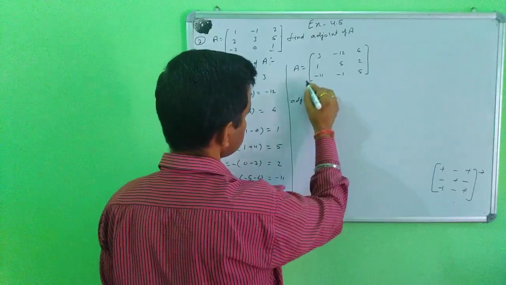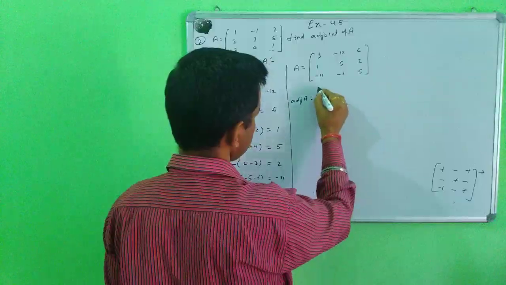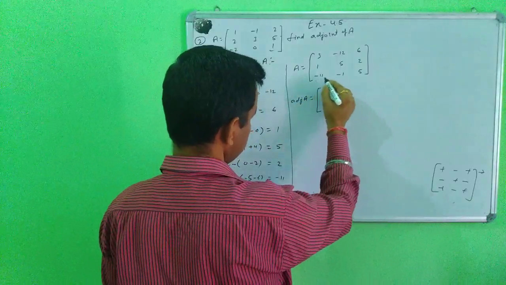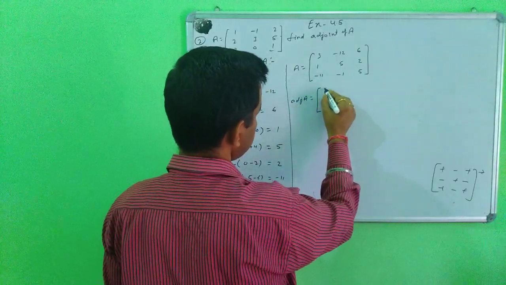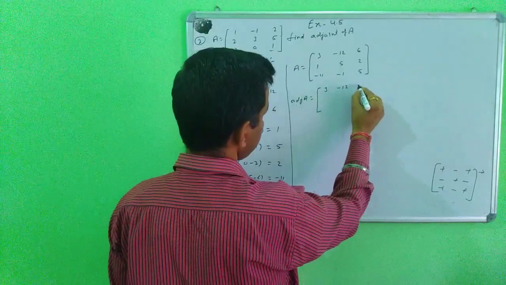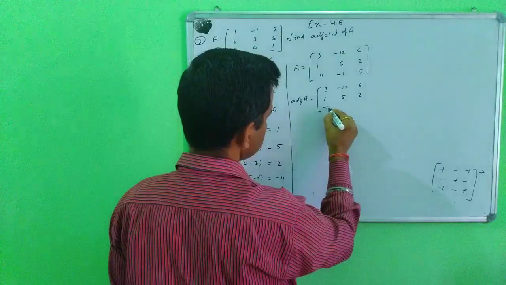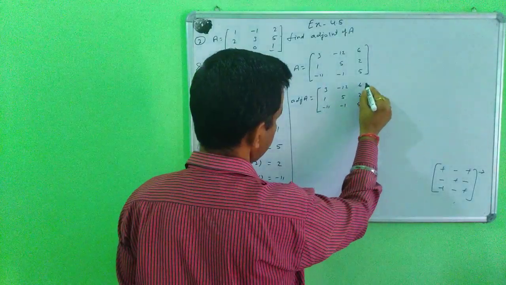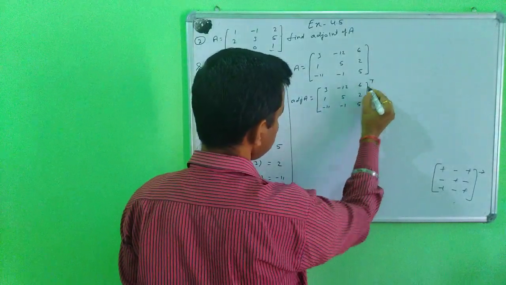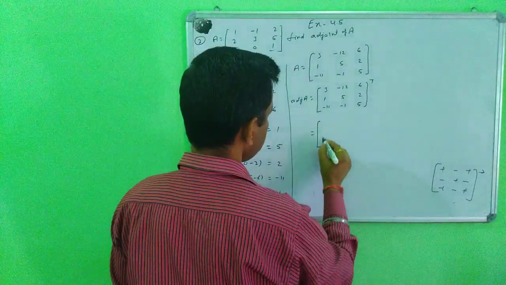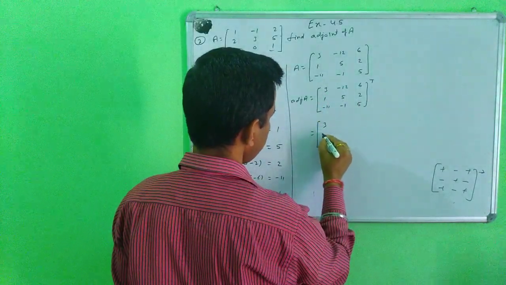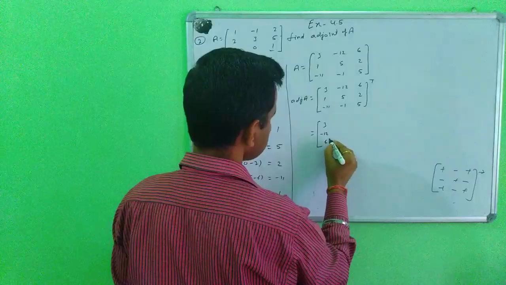Adjoint A equals the transpose of this: 3 minus 12 6, 1 5 2, minus 11 minus 1 and 5. Then you find the transpose here. So this row converts to 3 minus 12 6.